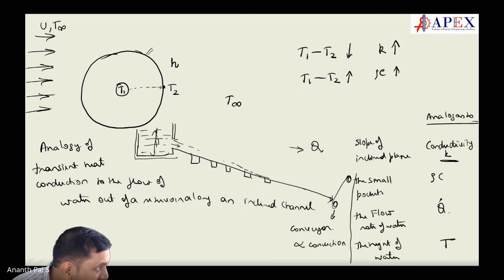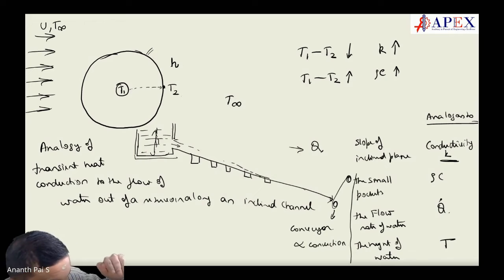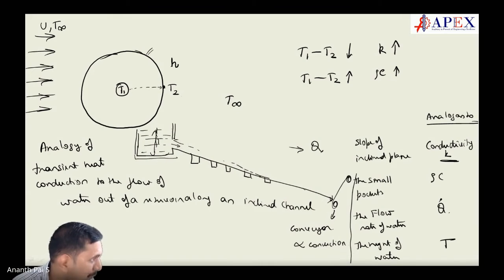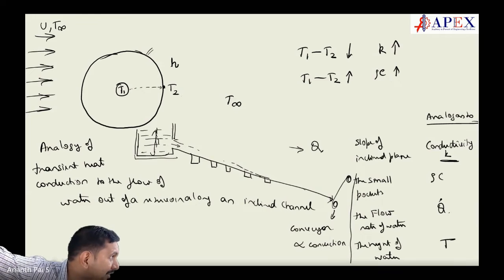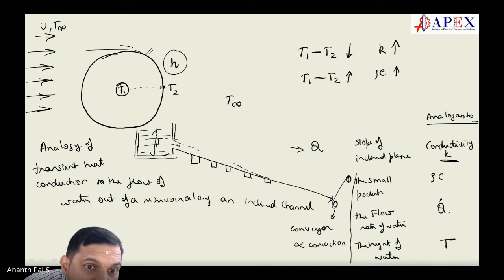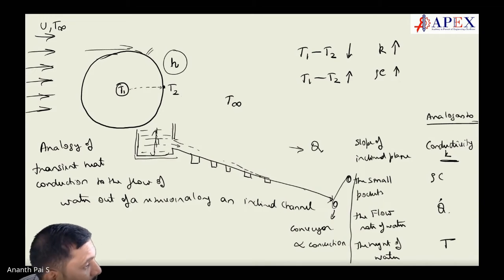But what air is carrying? What the river takes to the edge, only that air can carry. What is there in between the river, that air cannot carry. So what can this carry? This can carry only the heat which is at the periphery. It cannot carry the heat which is at the center.